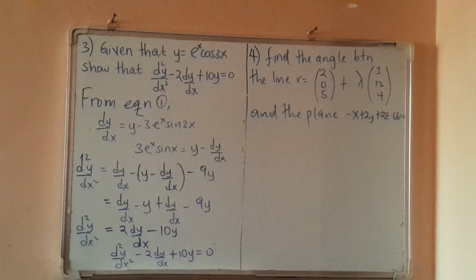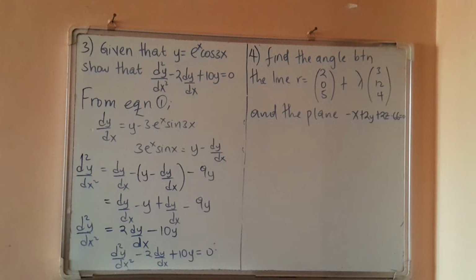Negative x plus 2y plus 2z minus 66 equals 0. So you realize that we have a plane and a line.